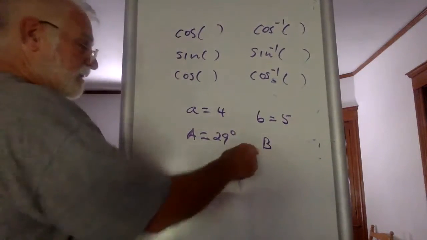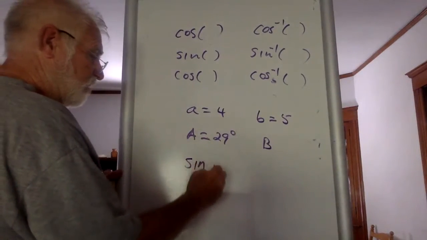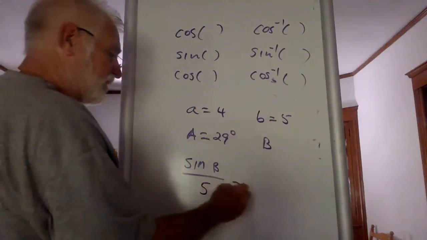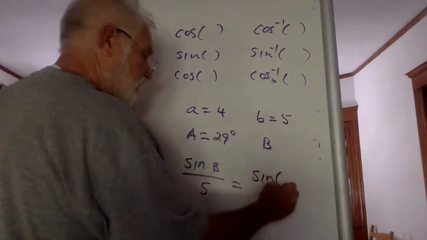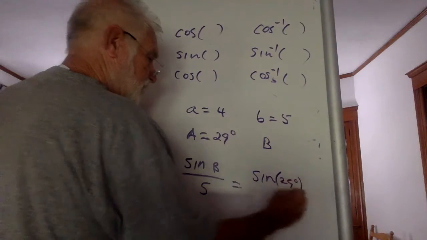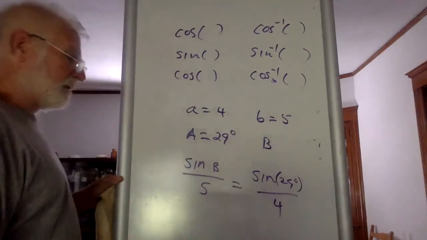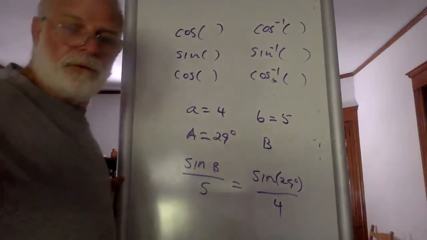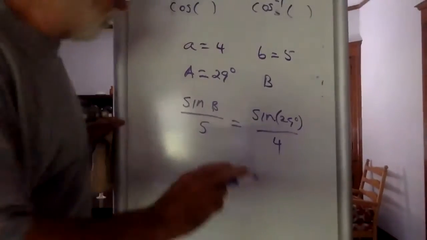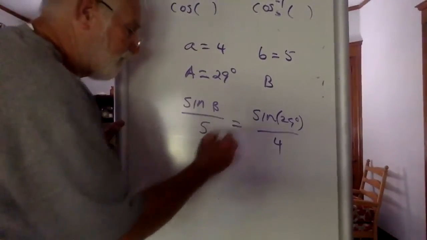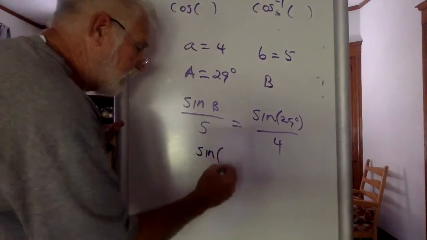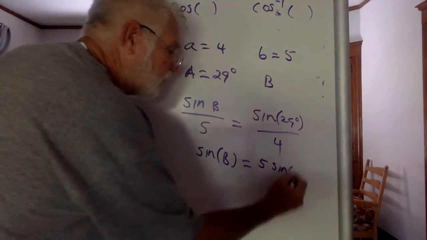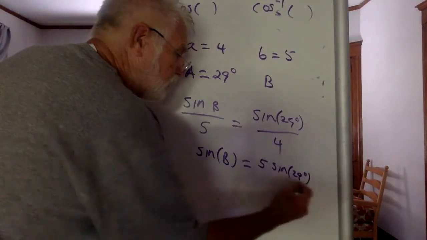The law of sines says the sine of angle B compared to its opposite side is equal to the sine of the angle given compared to its opposite side. Running out of room here. I can get one more line of work in. So I'm going to multiply by 5. That gives me the sine of angle B is equal to 5 times the sine of 29 degrees over 4.